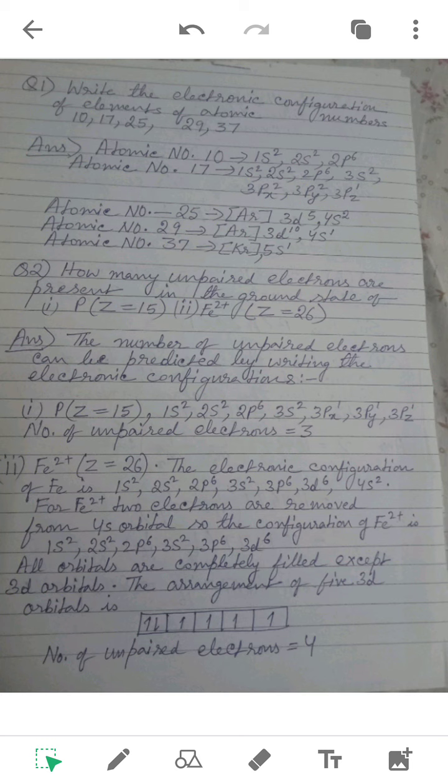So now the electronic configuration is 1s2, 2s2, 2p6, 3s2, 3p6, 3d6. I have drawn the 3d orbital arrangement. Before that, everything is completely filled. You can see the boxes, and now you can count the unpaired electrons. The number of unpaired electrons is 4 here.